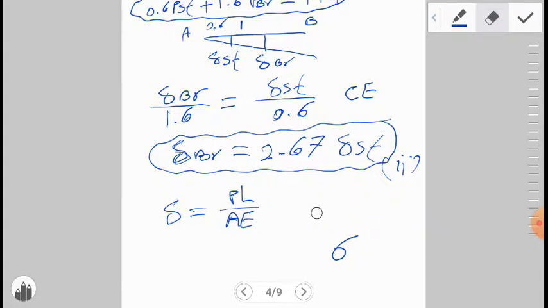Now, for delta bronze, we can write P bronze, L bronze divided by A bronze, E bronze. For delta steel, we can write P steel, L steel divided by A steel, E steel.